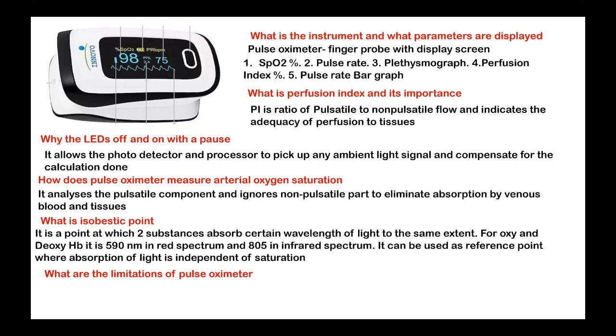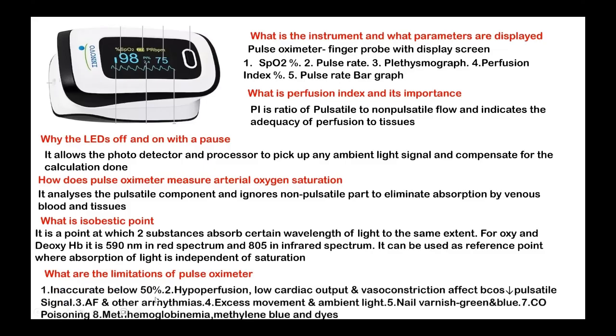Nail polish, nail color, inaccurate artifacts, low saturation below 50%. Low perfusion due to vasoconstriction because of low pulsatile flow, atrial fibrillation and other arrhythmias, excess movement and ambient light, nail varnish especially green and blue colors, carbon monoxide poisoning, methemoglobinemia, methylene blue and dyes. In all these situations, it will not give the correct reading. Okay? So many things are there.